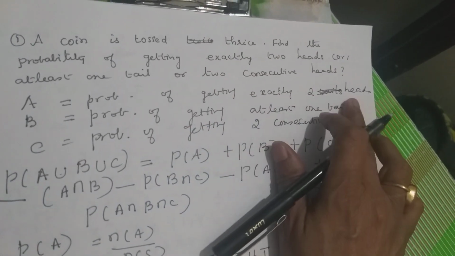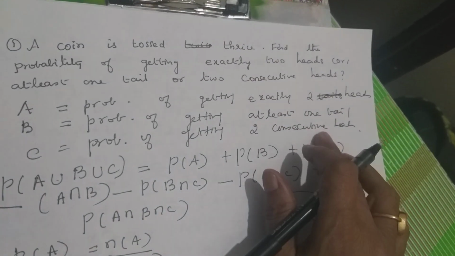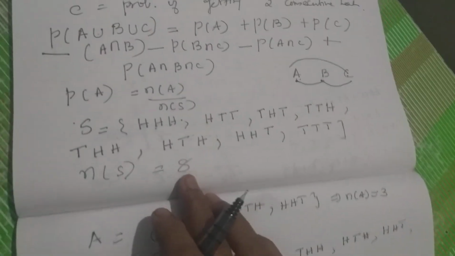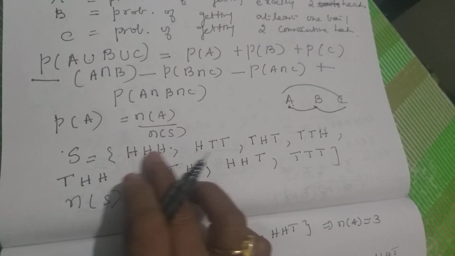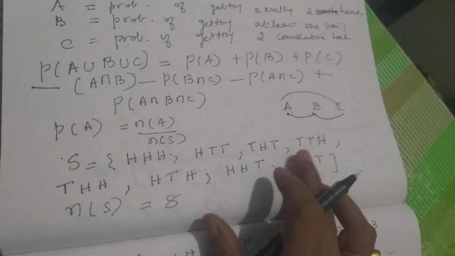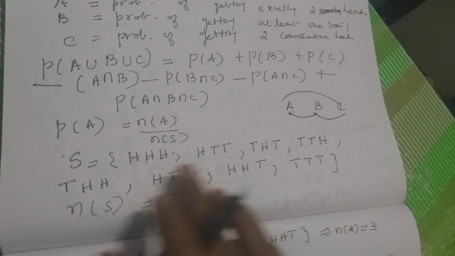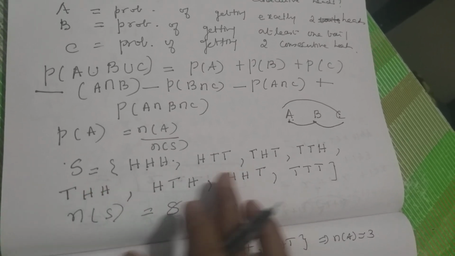Getting exactly 2 heads, but the heads must be successive and at least 1 tail must be there. So if we see like that, this one we cannot take because 1 tail is not here. So exactly 2 heads, but those heads must be 2 together and with 1 tail. So these 2 only are applicable, THH and HHT.